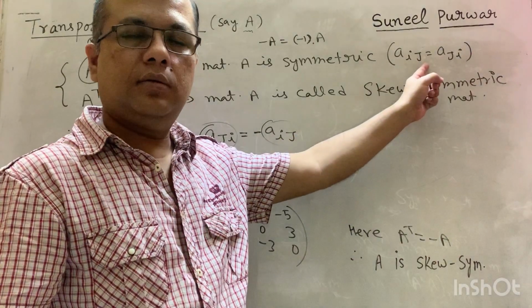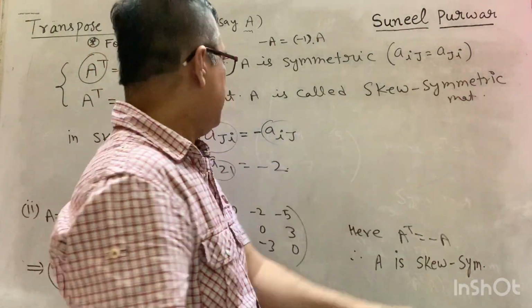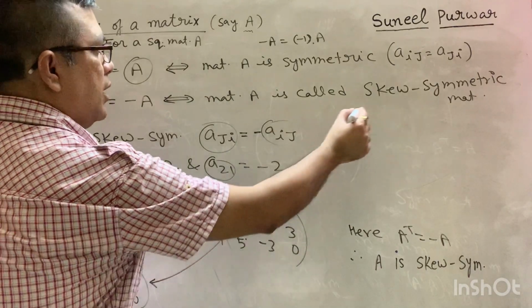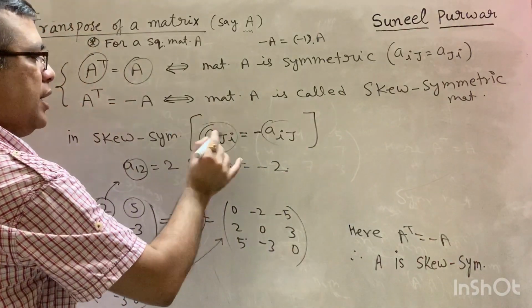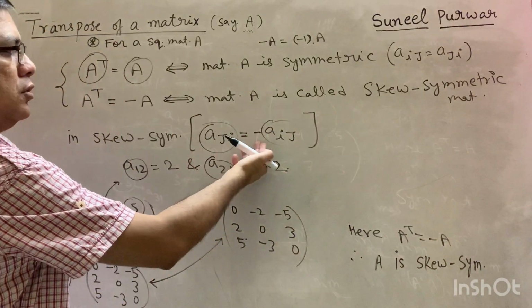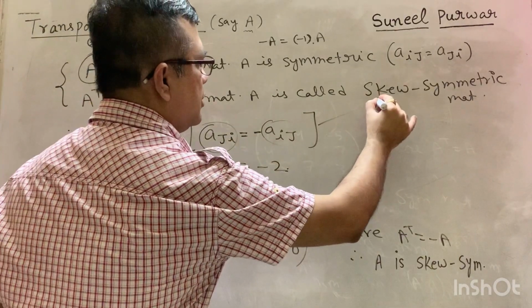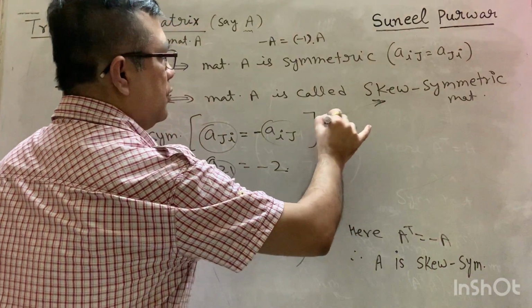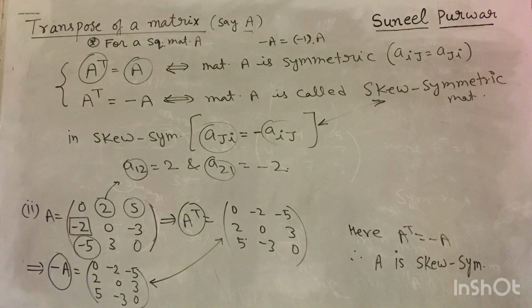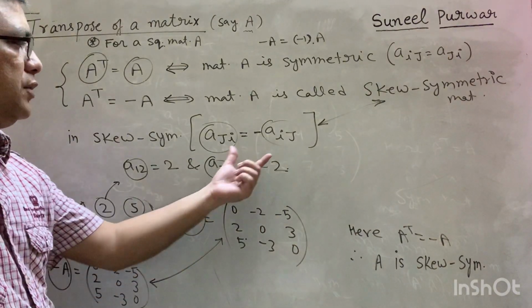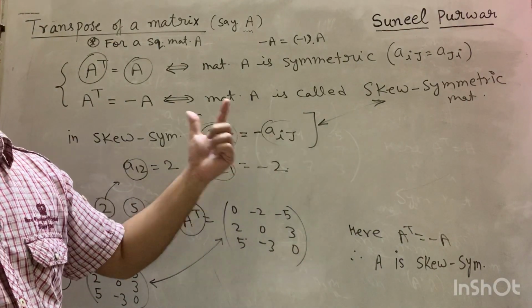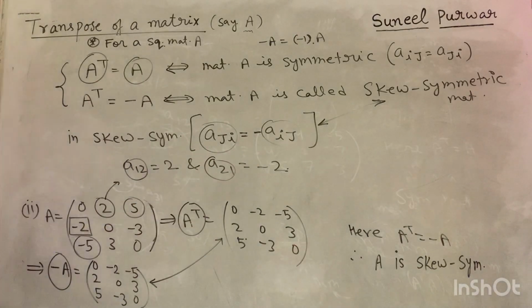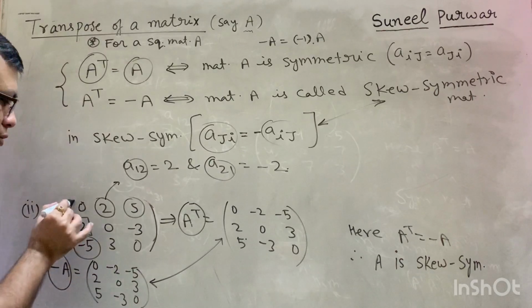In the symmetric matrix, Aij is equal to Aji, but on the other hand, for skew symmetric matrices, Aji is equal to minus of Aij. And because of this observation, all the diagonal elements are going to be 0.